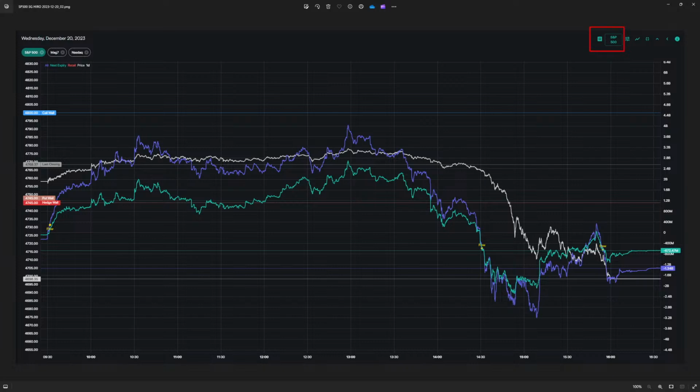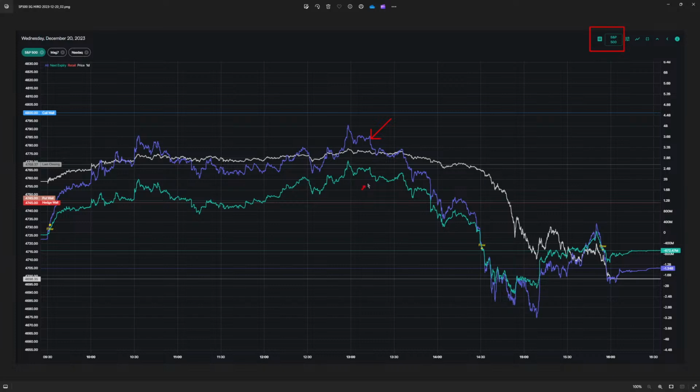Now on this chart, I'm showing two lines. The purple line is showing the hero signal for all expirations. This is all trades. Anything expiring from the day, that would be yesterday, up until weeks or months in advance.